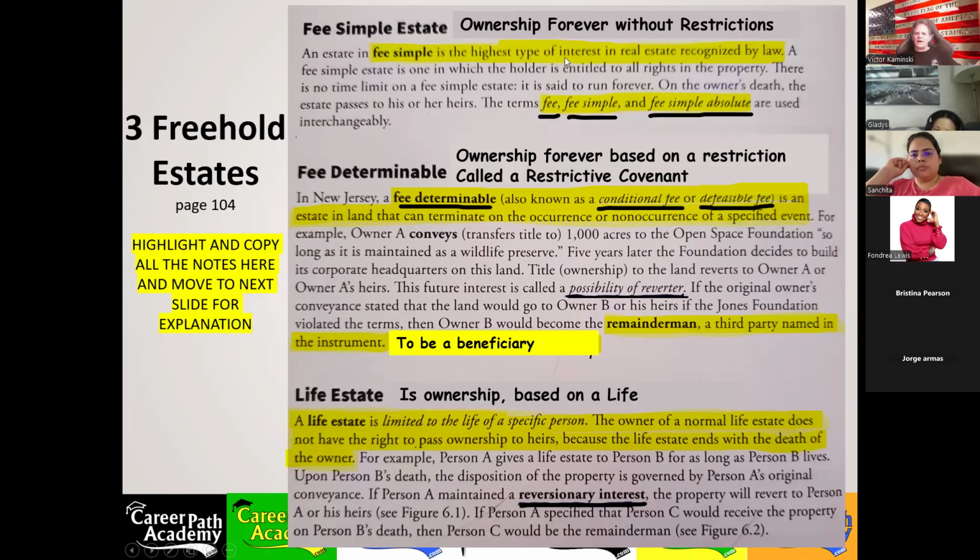And then highlight that fee simple is the highest type of interest in real estate recognized by law. You have unrestricted ownership of that property forever. You could even dictate who gets it after you die.